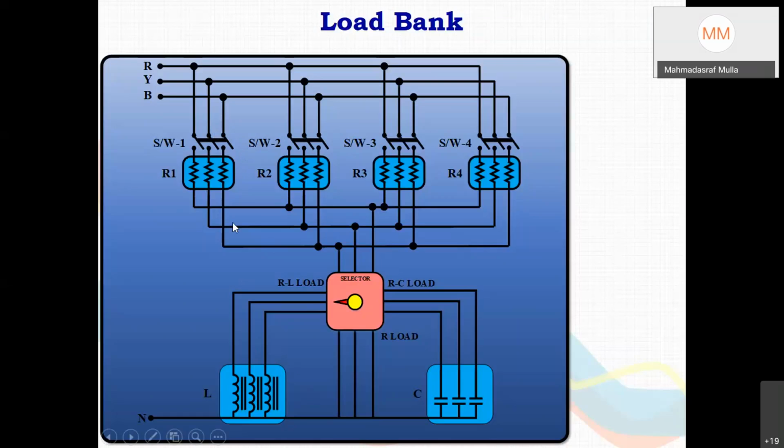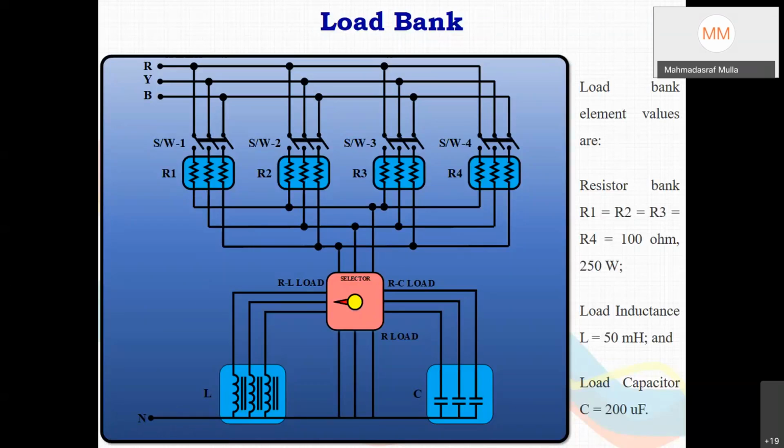So only R1 in series with L, R1 parallel R2 in series with L. Likewise, different reactive power this RL load bank can supply. A millihenry reactor was there. So around 0.6 power factor, whatever you have seen, that you can calculate.